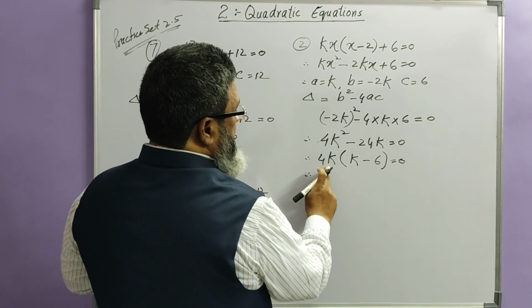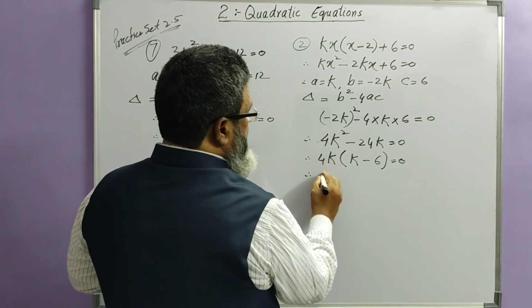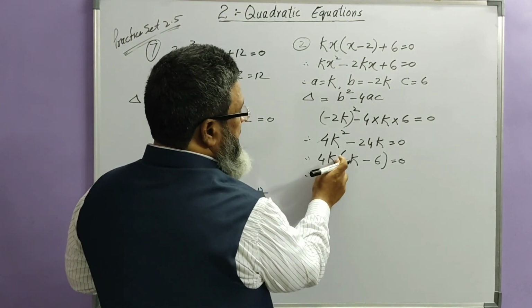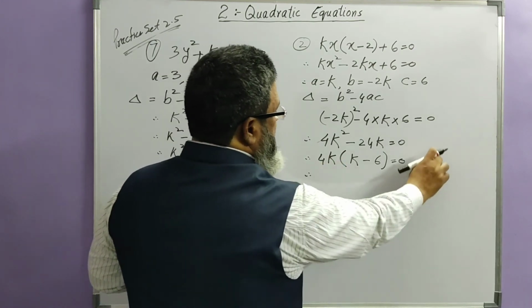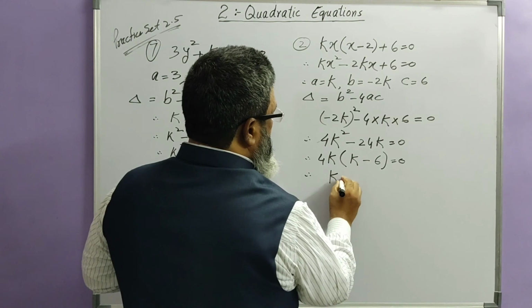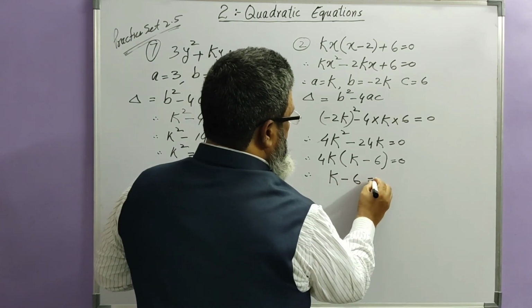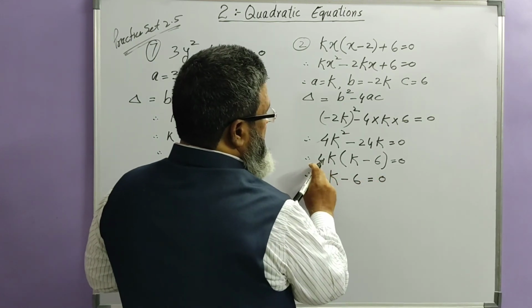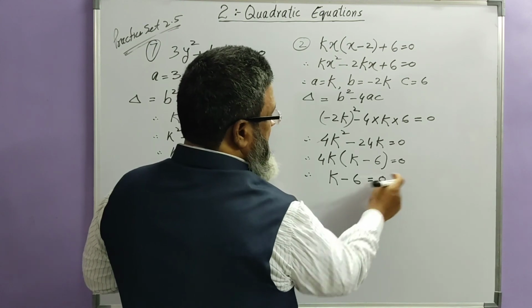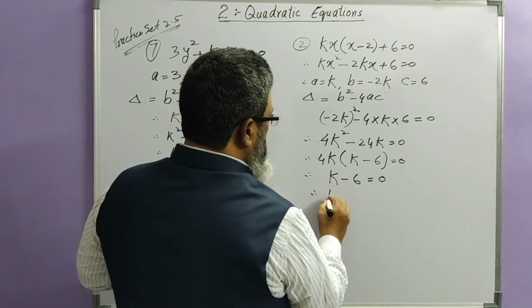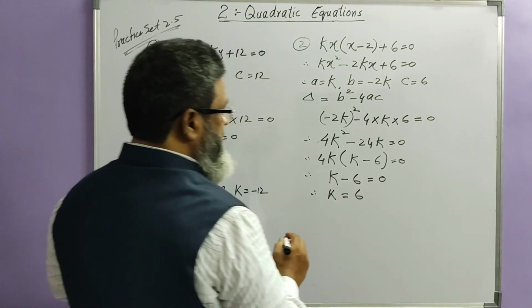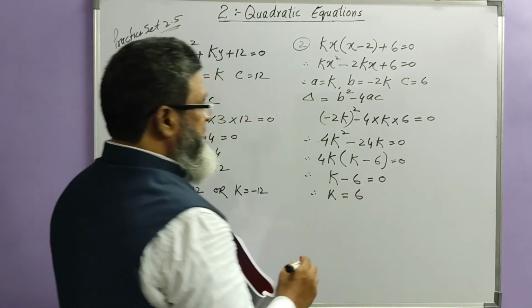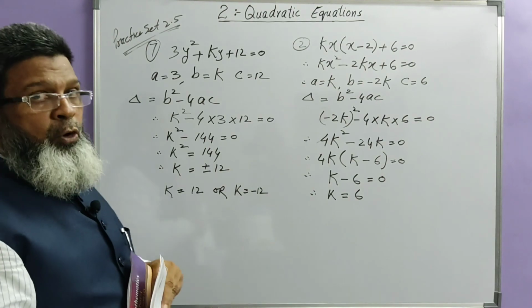Therefore either 4k is equal to 0, or k minus 6 is equal to 0. 4k is a multiplication, so put this figure on the right side; 0 upon 4k means 0. So k minus 6 is equal to 0. Therefore k is equal to 6. This is the value of k.